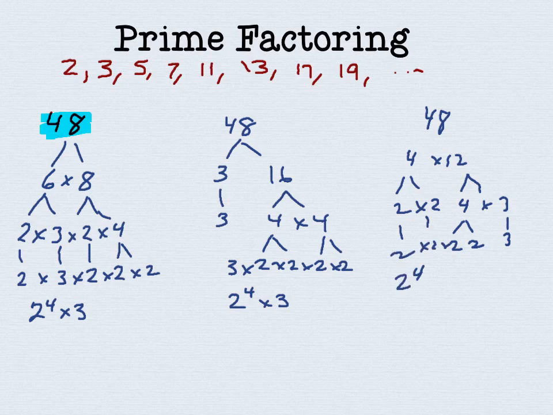But the summary would be 2 times 2 times 2 times 2 times 3, basically 4 factors of 2 multiplied by 3. Let me be clear, you do not have to do that same question 3 times. Do it once. Trust your answer. Whichever way you do it, you will always get to the same bottom line. Always.